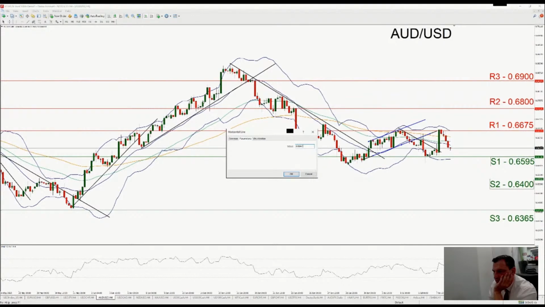Starting with the R3, which is now being placed at 0.6845.